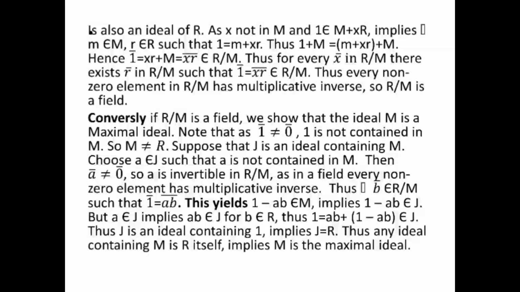Then a bar is not equal to 0 bar. a bar is not equal to 0 bar means a plus M is not equal to M. So because a is not contained in M, a plus M is not equal to M. So a bar is invertible in R by M, that is, the inverse exists.